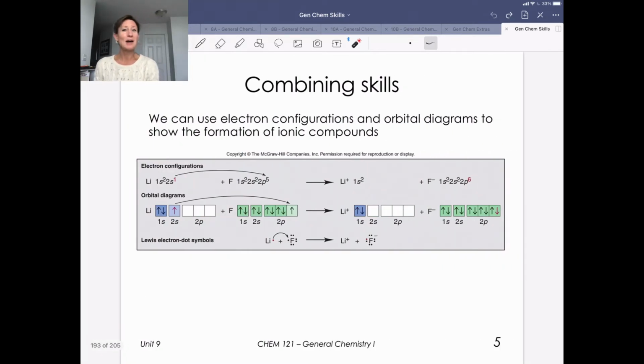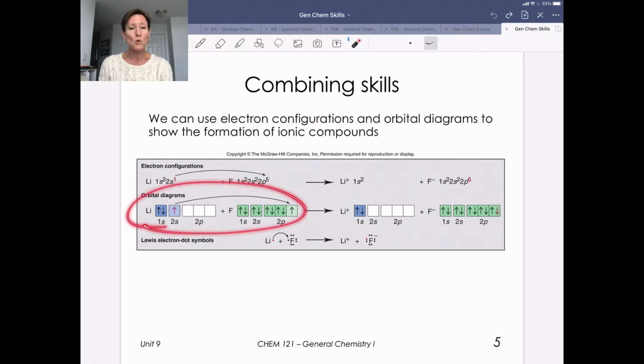All right, so kind of combining some skills from things that we've learned in previous learning units here. We can think about, we've already done this, thinking about forming ions when we have the loss of electrons. So again, the lithium ion here is going to lose that one s electron. In this case, it's showing it as giving it to fluorine to make fluoride. And so we can see the electron configurations that we have of these respective ions after they've traded electrons.